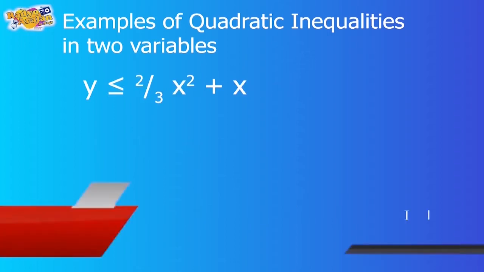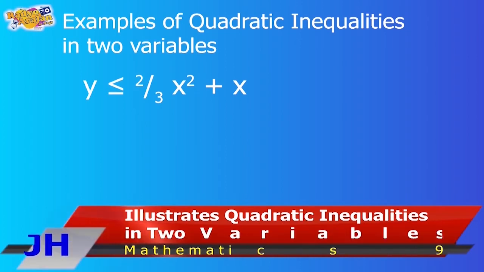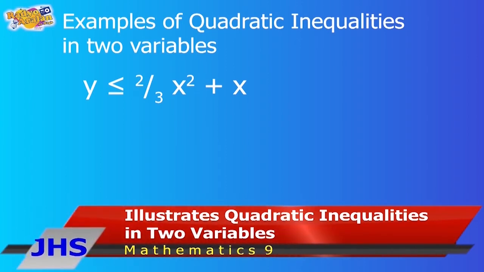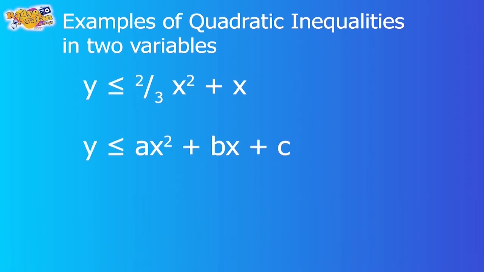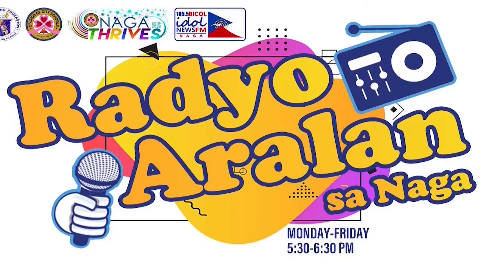Last one is y is less than or equal to 2/3 x squared plus x, in the form of y is less than or equal to ax squared plus bx plus c, where a is equal to 2/3, b is equal to 1, and c is equal to 0.